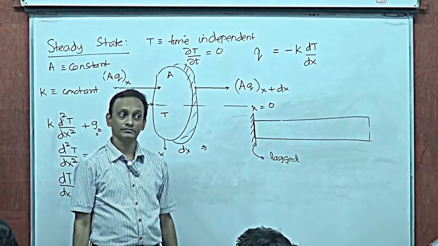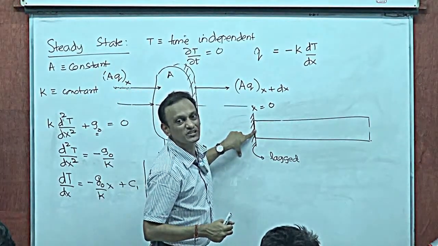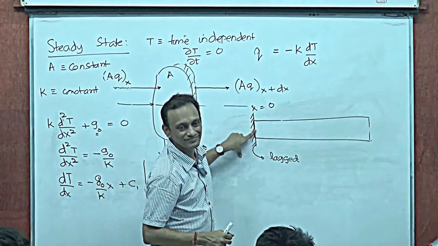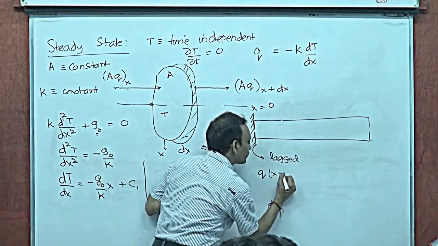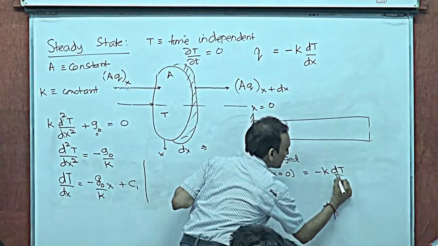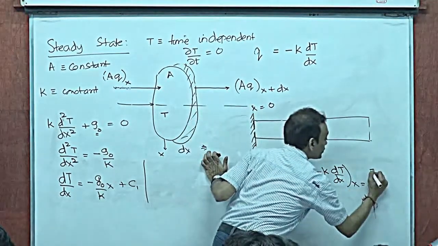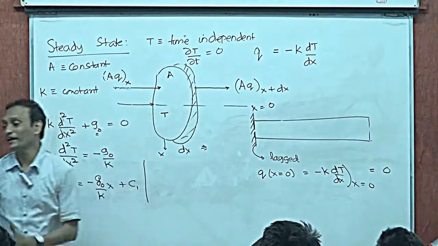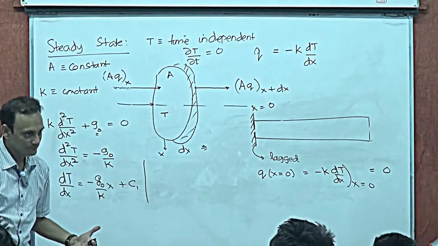If it's insulated, the heat flux at x equal to 0 must be 0. That means the value of minus k dT/dx at x equal to 0 will be 0. So this is another kind of boundary condition possible.